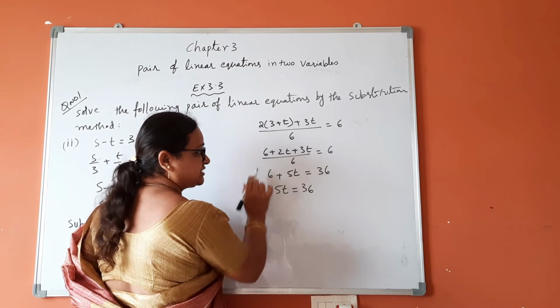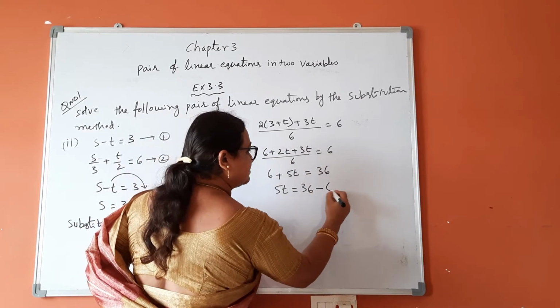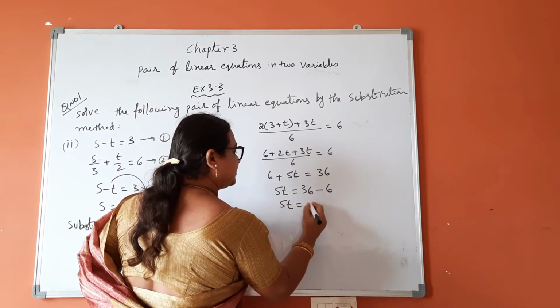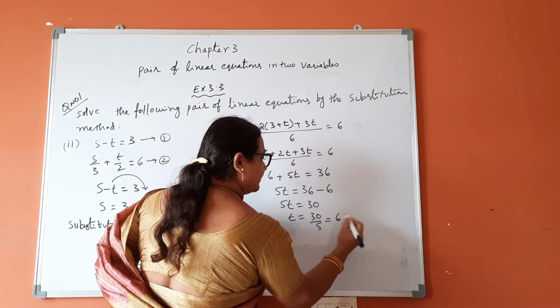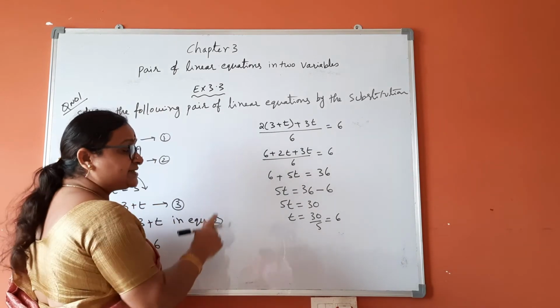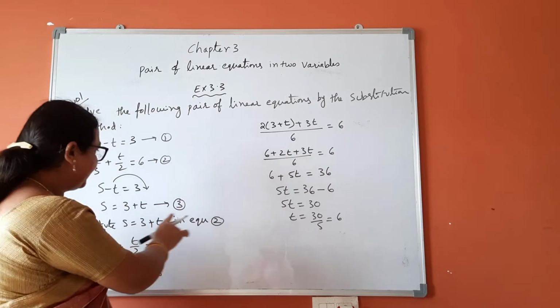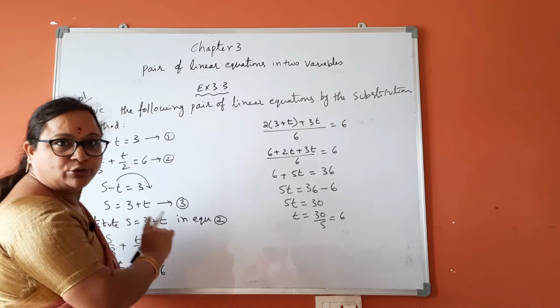Transpose 6 from LHS to RHS, so it becomes minus 6. 5t is equal to 30. t is equal to 30 by 5, that is 6. Now this value of t we substitute in equation 3 to get the value of s.